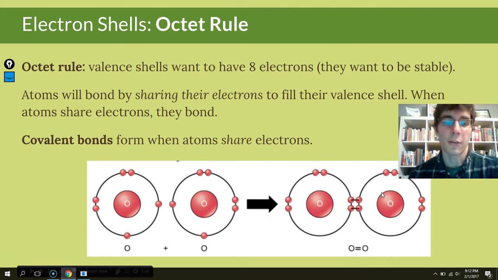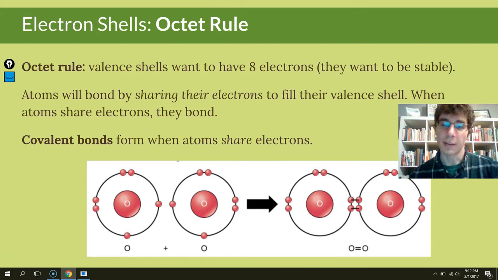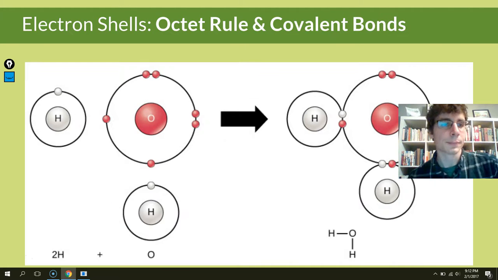So when we talk about covalent bonds, that's what we mean. These electrons are being shared by 2 different oxygen atoms, and they're fulfilling their octet rule because now they both have 8 in their outer shell and they're bonded. That's called a covalent bond when atoms share electrons.